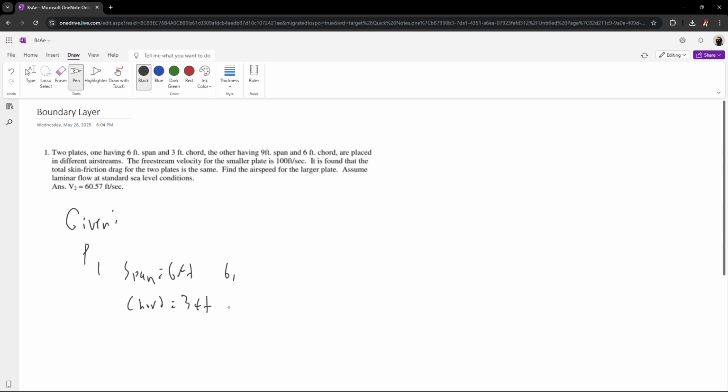This is B1 and this is C1. It also has a free stream velocity of 100 foot per second, or V sub 1, at 100 foot per second.